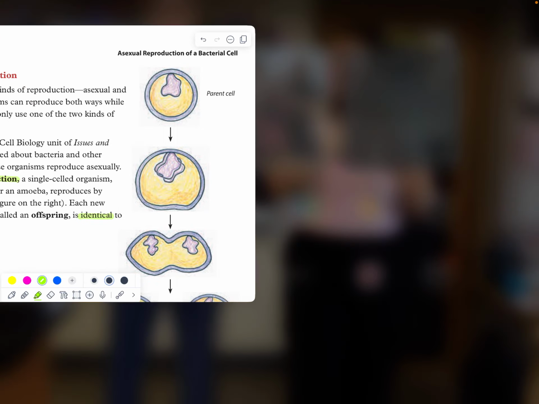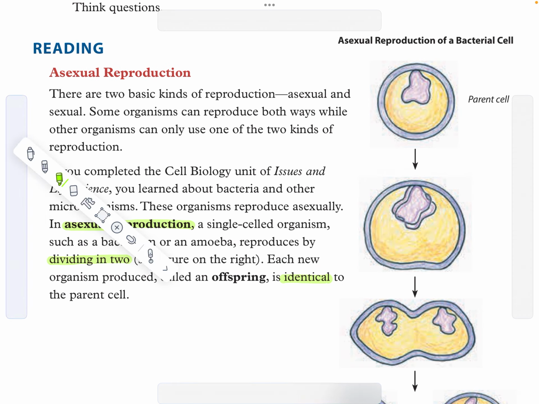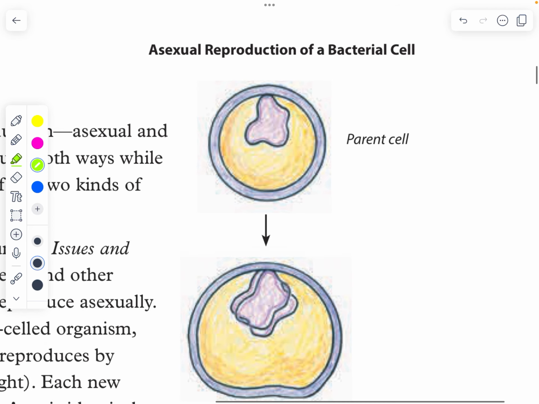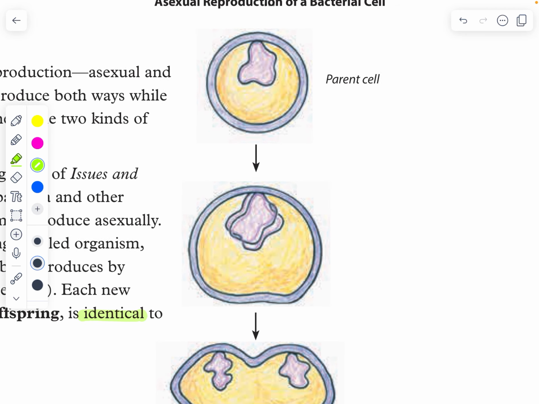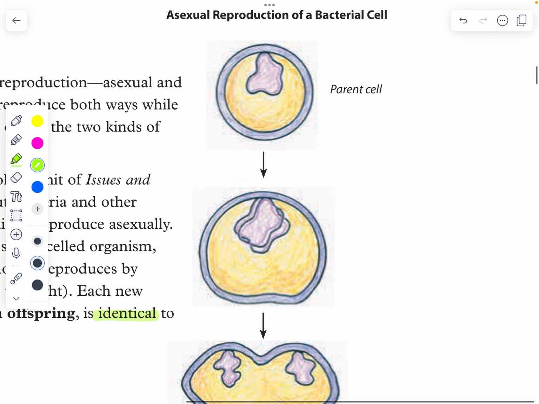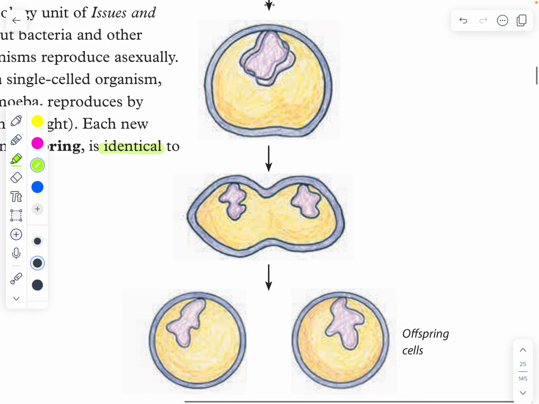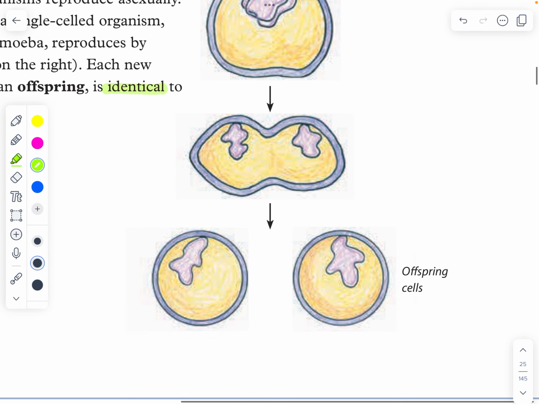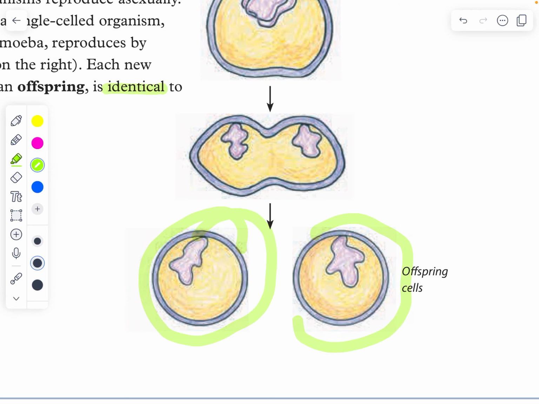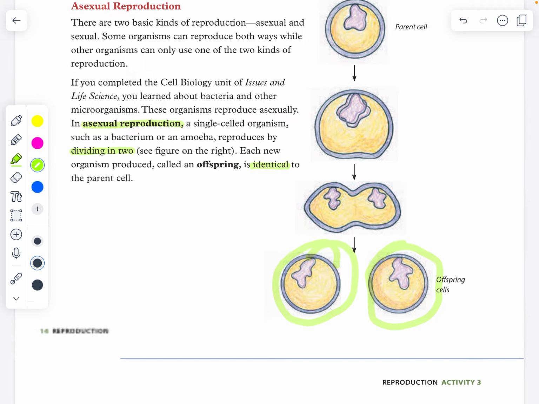And if you look here on the diagram on the right, you can see the parent cell. There's just one parent. It makes a copy of its DNA or its genes, and then it just splits in half. So now we have the parent cell still there, but then we have a whole new offspring cell that is identical to the parent cell. Pretty cool.